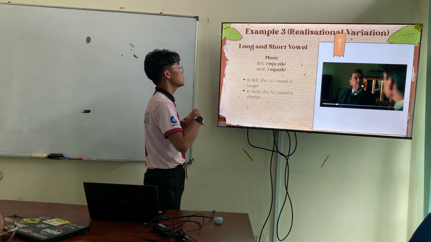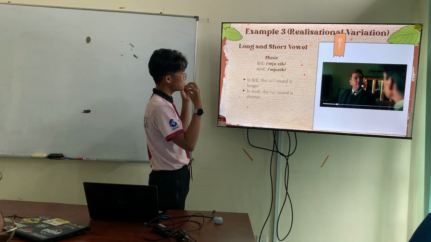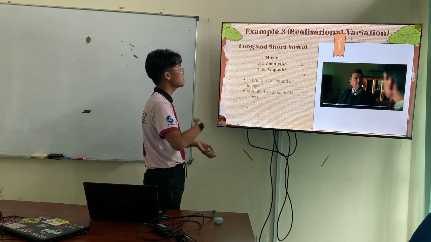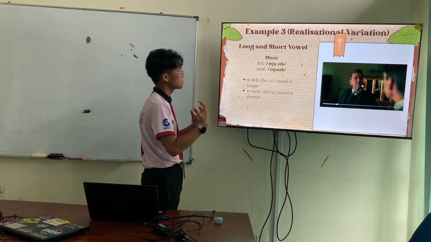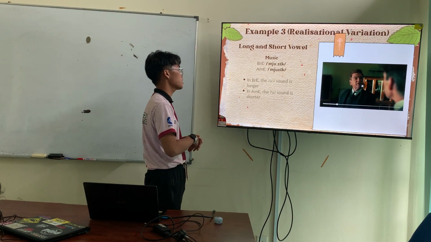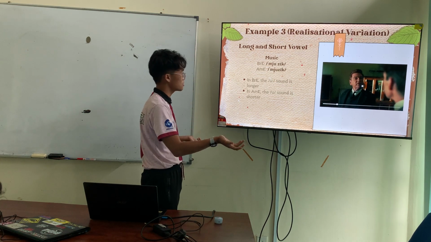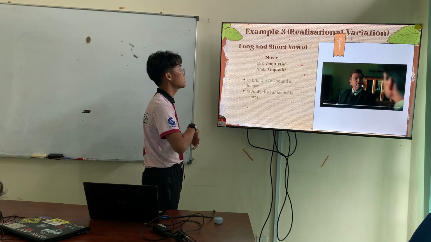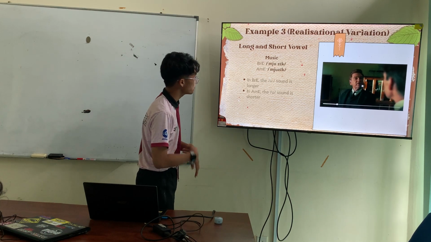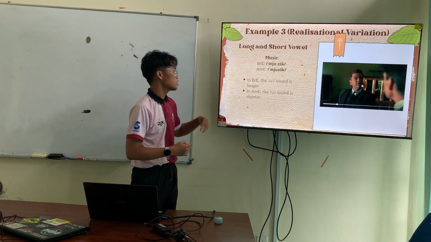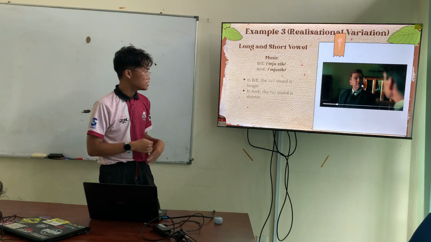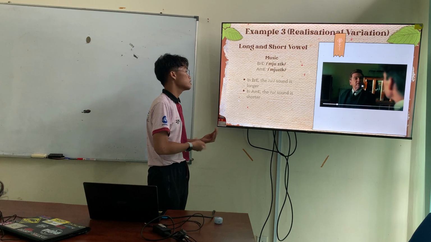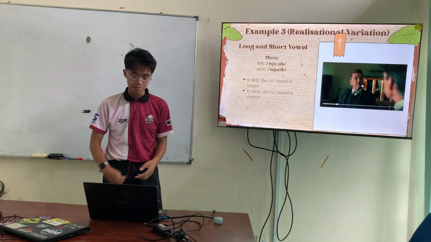British English, or rather, no, that's the opposite. British actually makes the realization of their vowels longer compared to American. So in the British accent the vowel sound is longer, while Americans will keep it short.